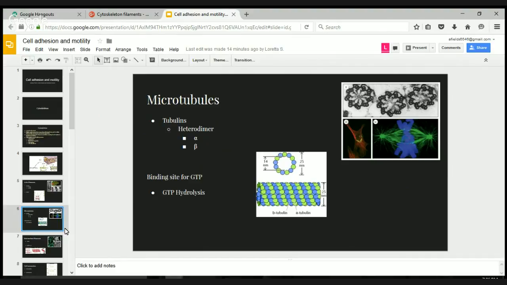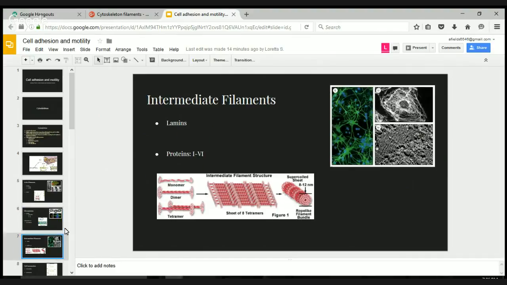Next we will talk about the intermediate filaments. They appear to play a structural role by giving strength to cells and tissues. Intermediate filaments are also involved in the creation of the nuclear lamina, which will be underneath the lamins.